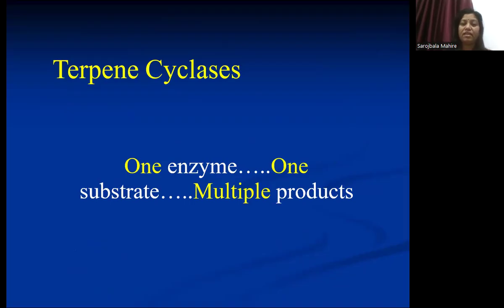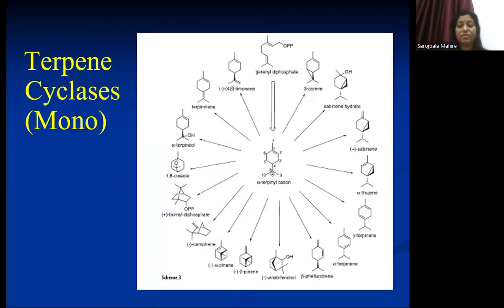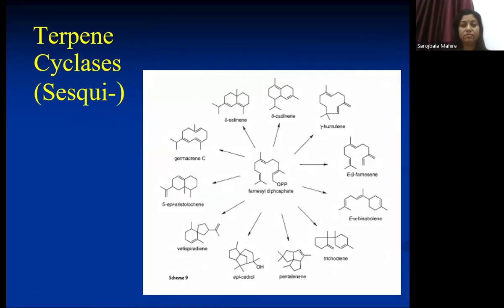Terpene cyclase. Then the diphosphate is lost, and multiple products can be formed, so these can be shown in this slide. Again, this slide: terpene cyclase.